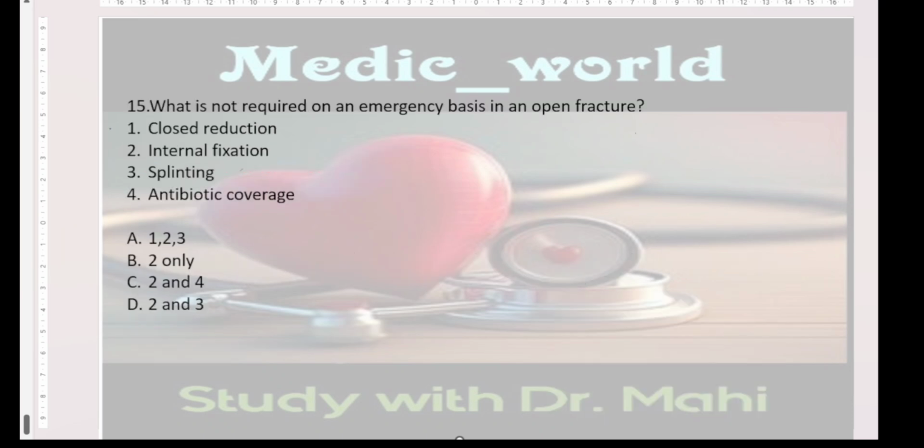The next question is what is not required on an emergency basis in an open fracture? Closed reduction, internal fixation, splinting, and antibiotic coverage. So we all know emergency management of open fracture is mainly focused on prevention of infection.